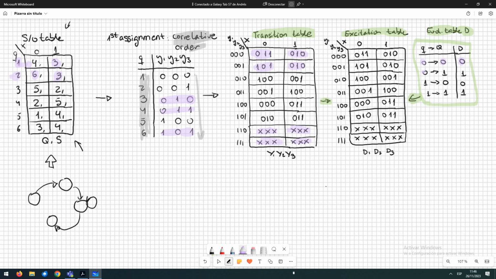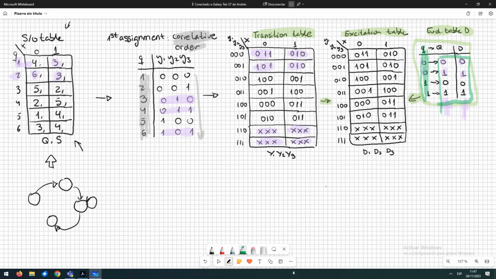If we have a 0 and the next state is 1, the input of the bistable has to be 1. In fact, the input of this bistable is always the value of the next state we need. So the current state doesn't matter. This column doesn't matter, okay? Because we are just looking here. The input of the bistable D has to be the value that we want for the next state, and the current state doesn't matter.